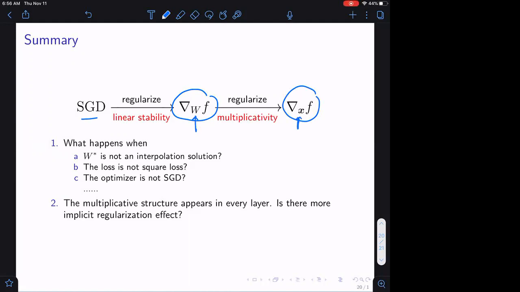To show the first step, why SGD finds small gradient in W, we use linear stability. I also want to emphasize that this is a conditional statement. What it says is that if SGD finds an interpolating solution which is linearly stable, then this is true.